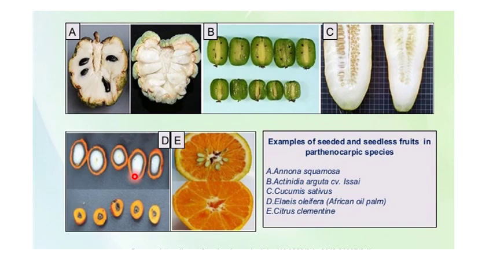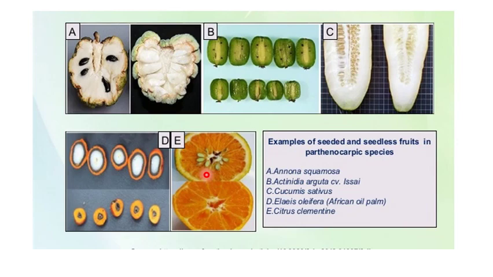In section D, Elaeis oleifera, its common name is African oil palm, if the seeds are fully fertilized and pollinated, then seeded fruits are developed, while when fertilization does not occur properly, then seedless fruit is set.